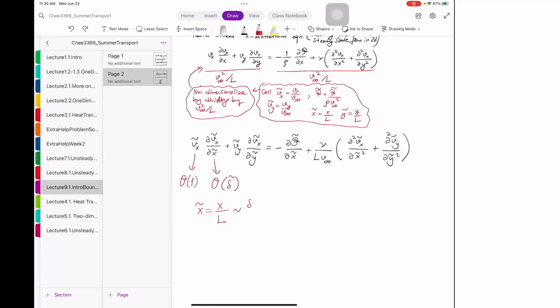Okay, so we should think about it, so here it is. So we have a boundary layer, right?